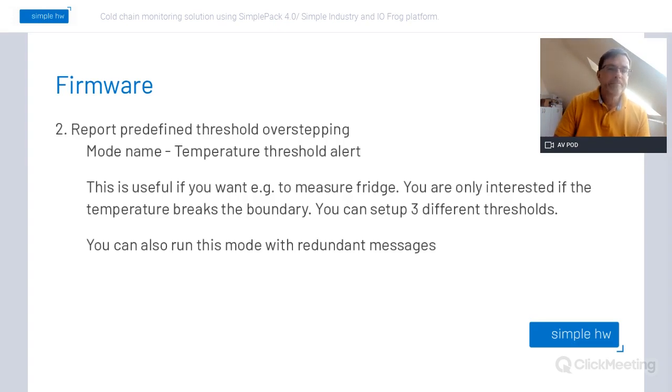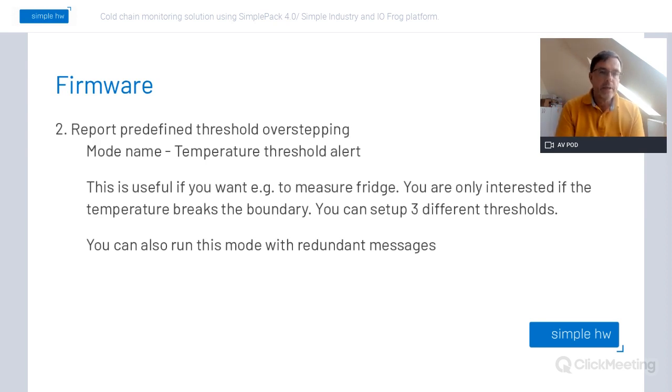The second mode is about threshold overstepping. Let's take the example of the fridge, where you want the fridge to work between 2 degrees and 8 degrees. And whenever you step over the 2 degrees or 8 degrees, you want to be warned that there was an overstep on this threshold.